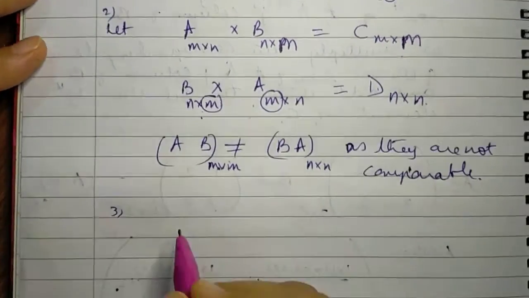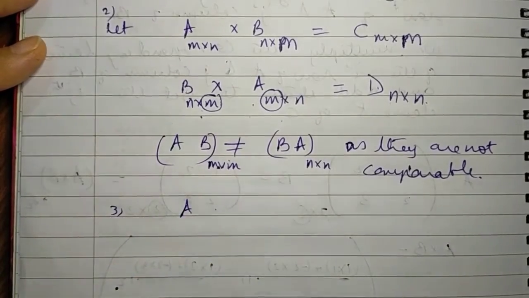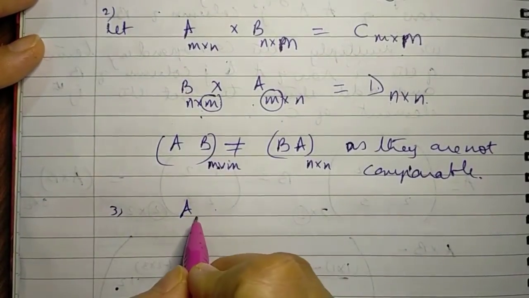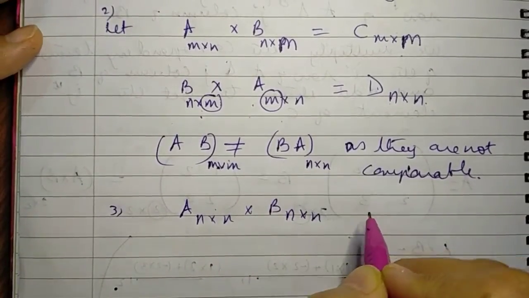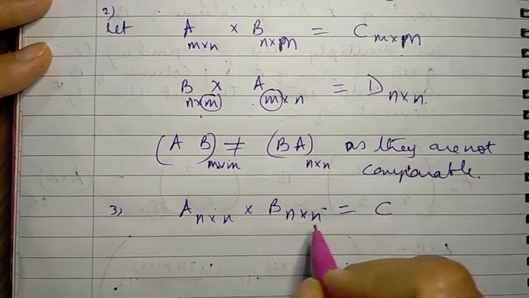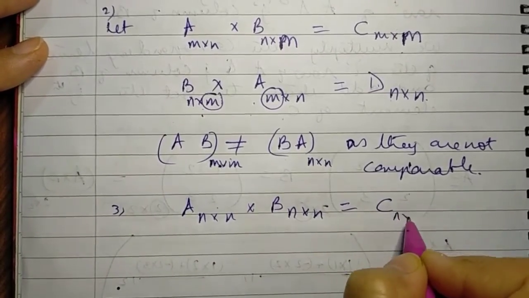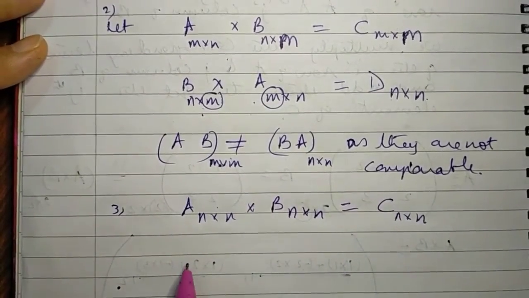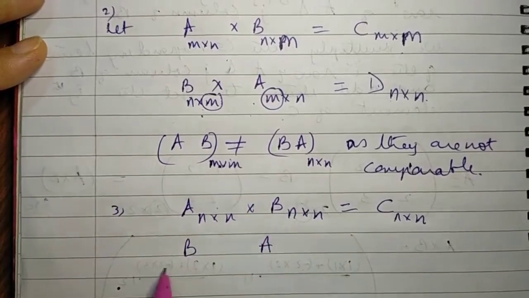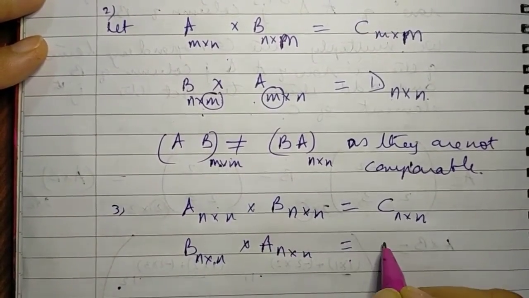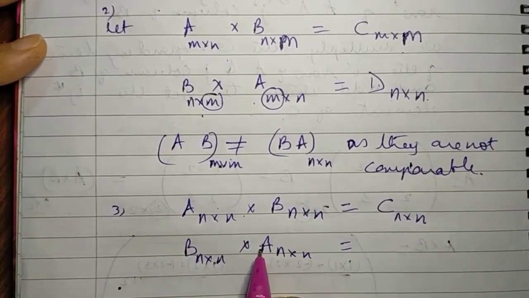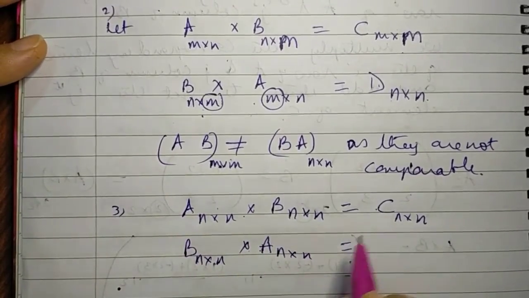The third case is that we may have square matrices, like n by n getting multiplied to n by n to get a result which is another n by n matrix. So obviously BA would also be defined, and it's not necessary that we get back the same matrix.